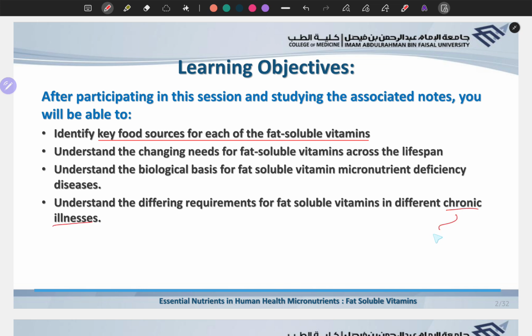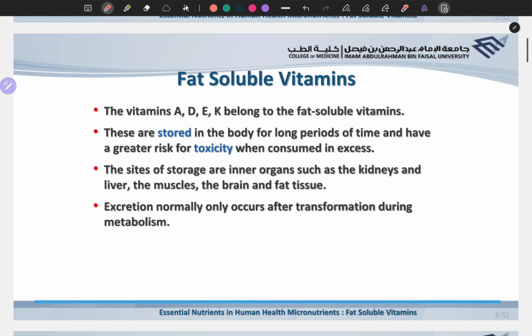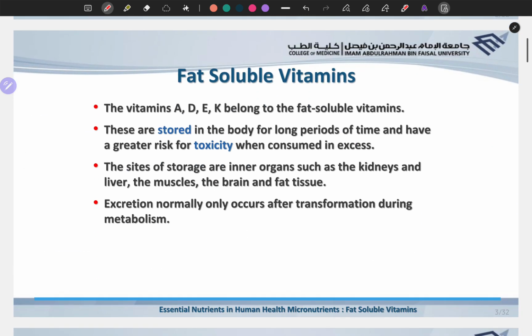So broadly, there are 4 fat soluble vitamins: A, D, E, and K. Unlike the water soluble vitamins, the fat soluble vitamins are stored inside our body, and they are toxic in excess amounts. Water soluble vitamins, first of all, are not stored, and they are not toxic in excess amounts. Fat soluble vitamins are stored, and they are toxic in excess amounts.